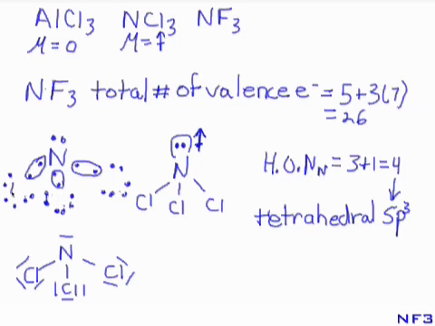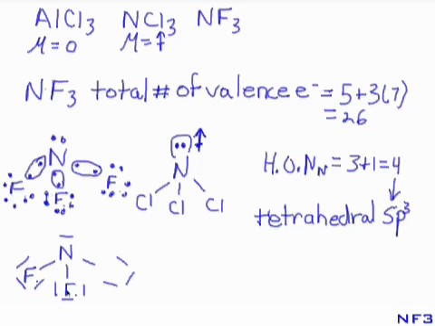Okay, so I could put F's here. And I would get the exact same thing. So essentially what you did for chlorine, NCl3, and the Lewis structure is exactly the same for fluorine.